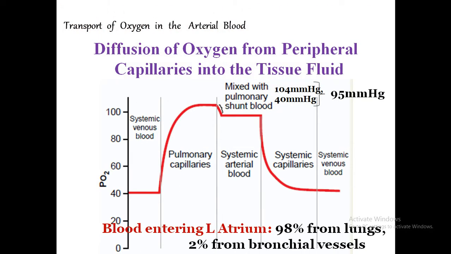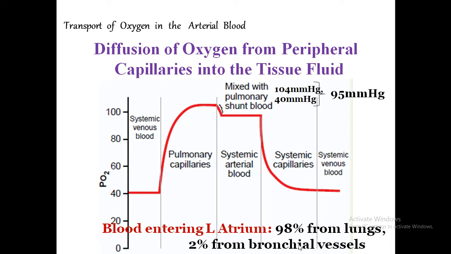Next thing, when the blood emerges out from the lungs and reaches the left side of the heart, that is the left atrium, a very important thing happens before it enters the left atrium. What is that thing? It needs much more explanation. Before it enters the left atrium, it is mixed with the venous blood coming through the bronchial vessels from the lungs.